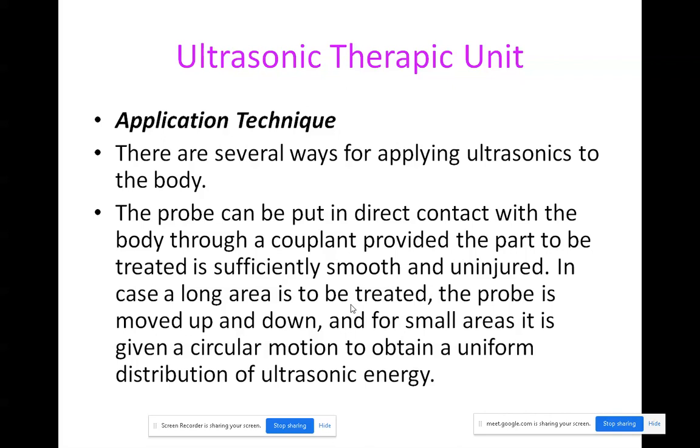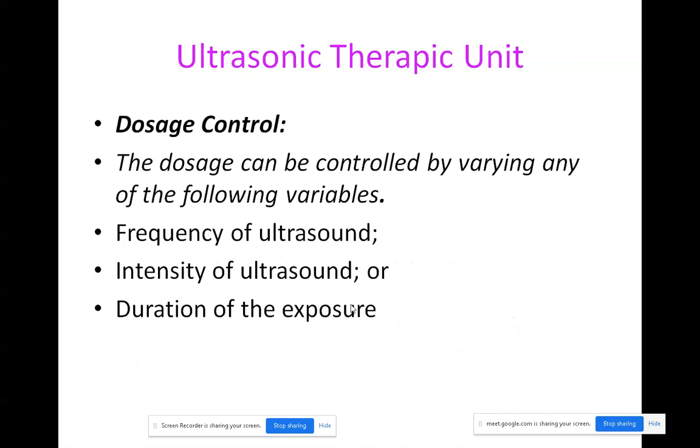For a small area, if you move your probe in a circular motion you will get the output. But for long area coverage you will be moving the probe up and down. Otherwise it will not be suitable, that means it will not get uniform distribution of the ultrasonic energy.